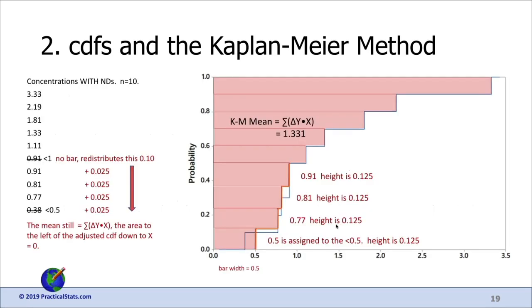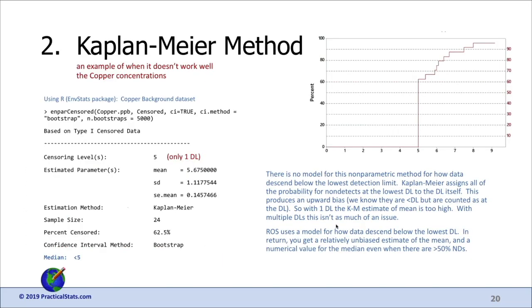But for the data set that we just had a minute ago, this copper data, I purposely picked one that had 62.5%. So what the CDF is telling you of the detected values plotted with the step functions and this huge step at the detection limit, is that this area in Kaplan-Meier is going to be huge. It's going to be much larger than it should be.